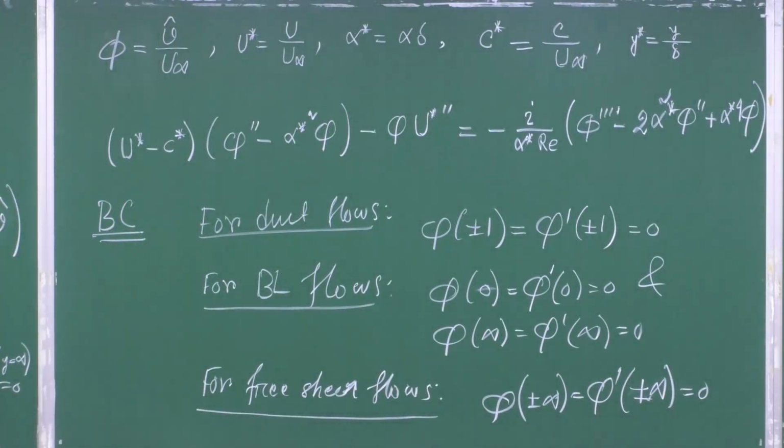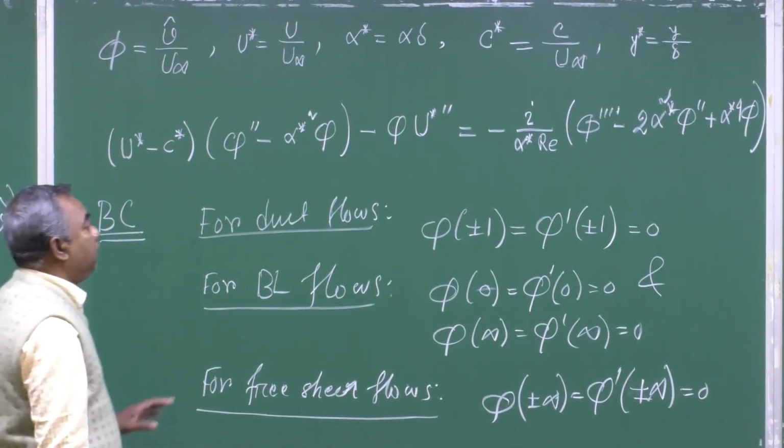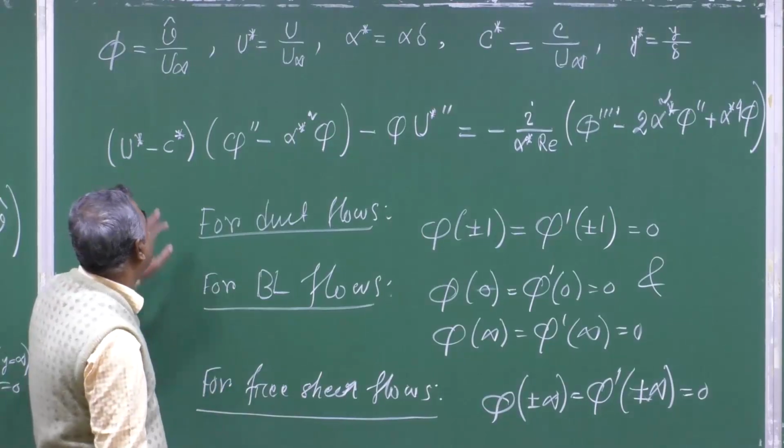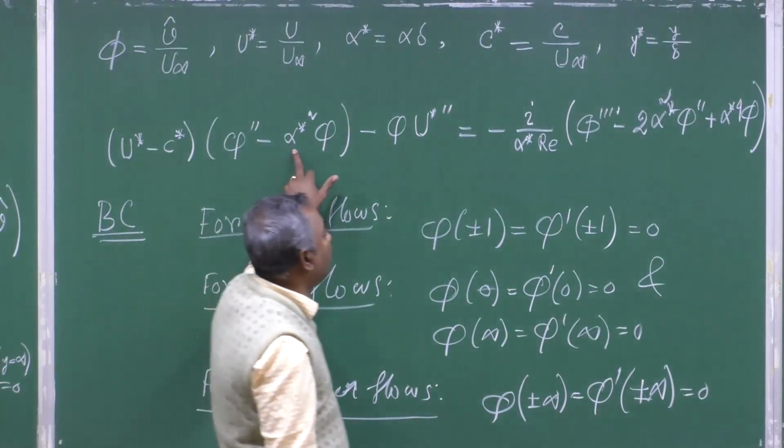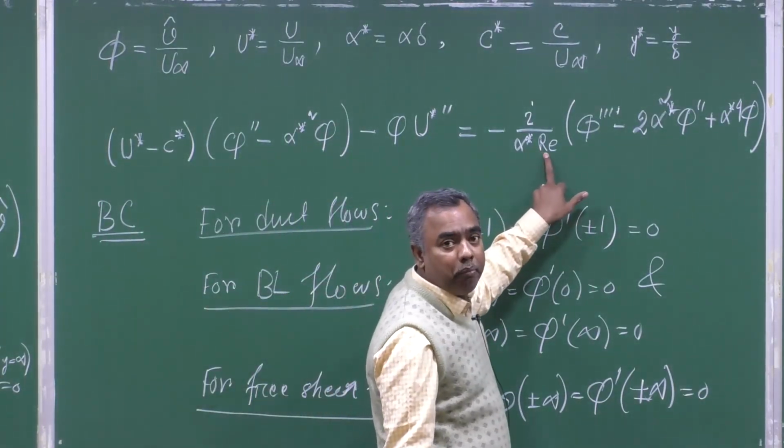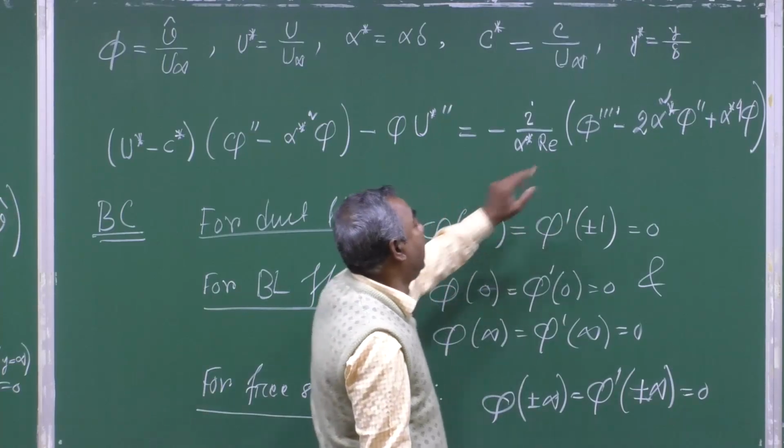And what are the parameters here? There are 3 parameters in this equation, for example, C star, alpha star and RE. All right.